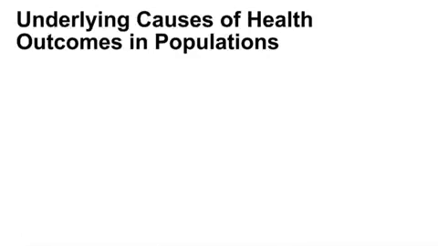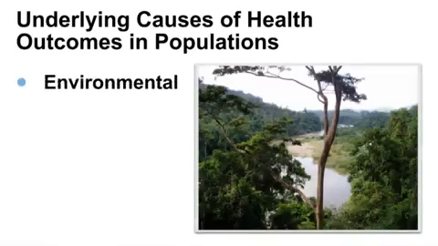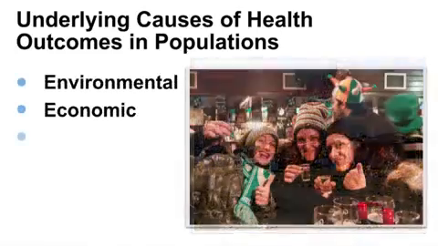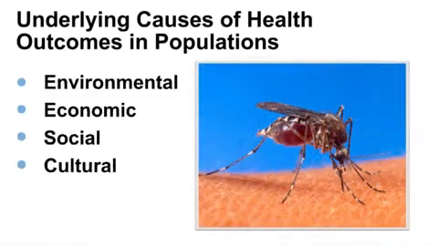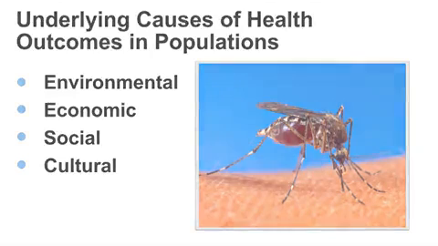For example, underlying environmental, economic, social, and cultural factors. Such underlying factors, for example, may affect how viruses mutate over time and adapt to their environment. When we talk about the population perspective, we are referring to a web of causation where many factors may play a role in disease development.